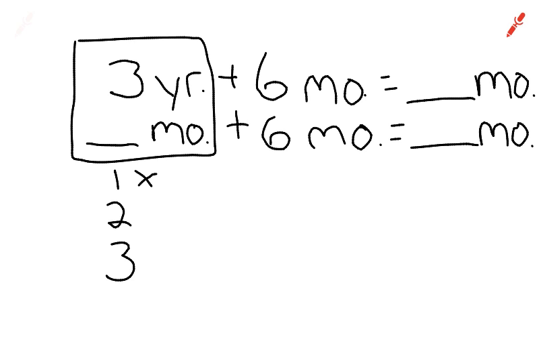And then what is the special number for number 2? What special number comes to mind when you talk about months and years? Well, 12 does, because there's 12 months in a year. And now all we're doing is taking our 3, times, and taking our 12.